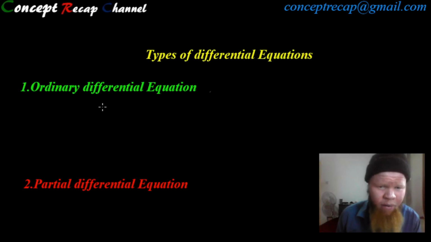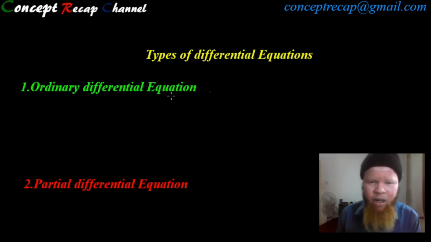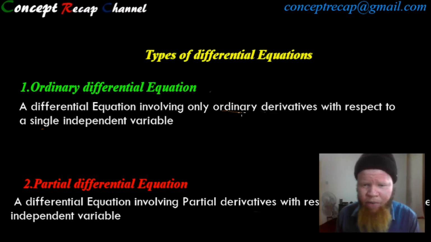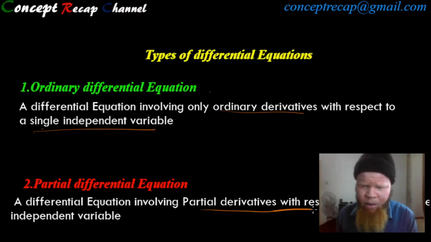We have mainly two types of differential equations: ordinary differential equations and partial differential equations. An ordinary differential equation involves derivatives with respect to a single independent variable, and a partial differential equation involves partial derivatives with respect to more than one independent variable.